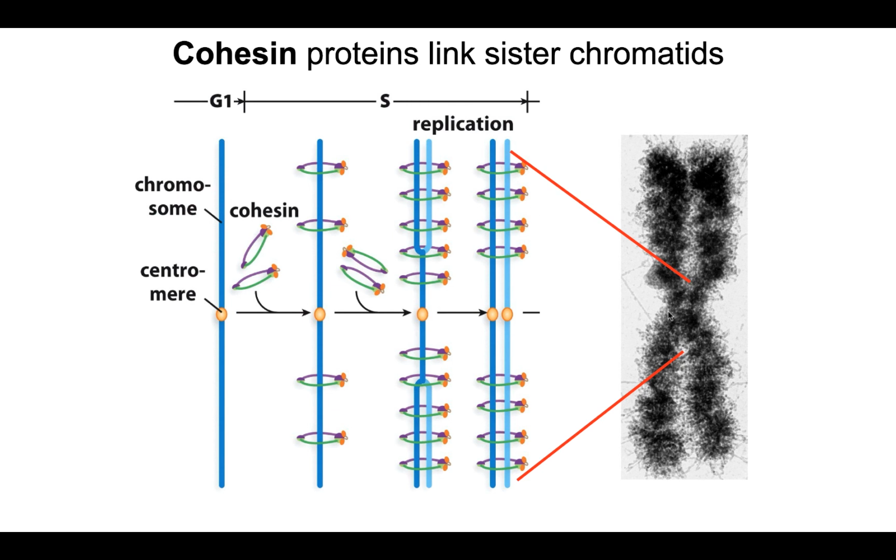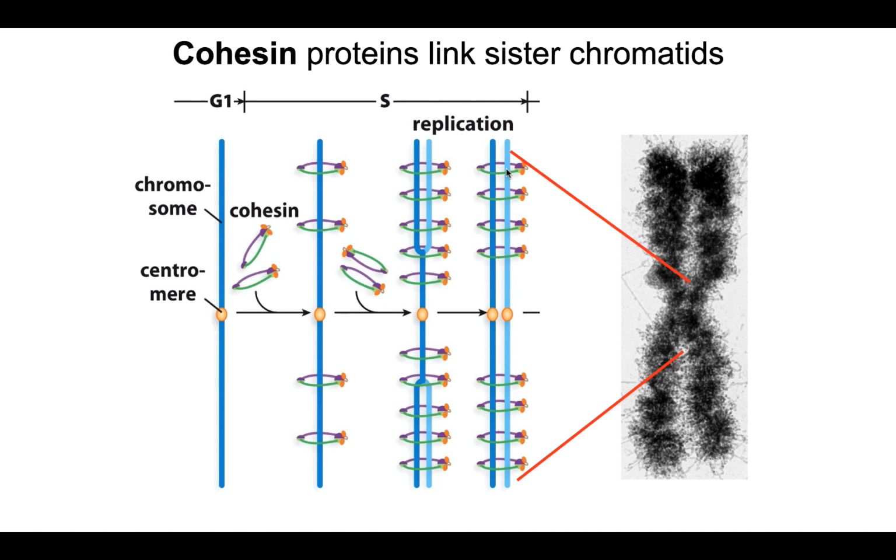So here we have a sister chromatid on the left, and a sister chromatid on the right. Each one of these is double-stranded DNA: double-stranded DNA here in the blue, and double-stranded DNA in the light blue. So they are replicates of each other, but they're still associated with each other until that cell divides. And how do they remain associated?